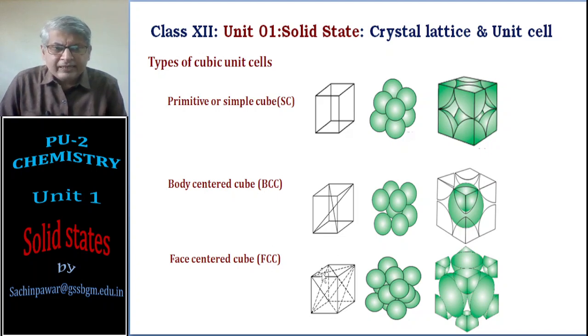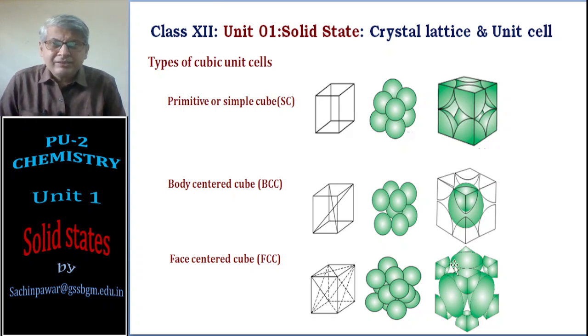And a face centered cube: 8 corner particles, that is 1, 2, 3, 4, 5, 6, 7, 8 behind, and at the center of every face we have 1 particle, 1, 2, 3, and behind that 3. This is the face centered particle. These are the corner particles. So these are the shapes.